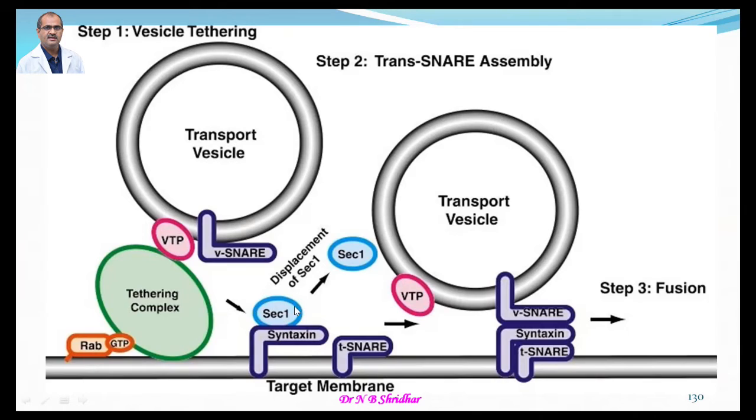The SEC1 and the transport vehicle are going to be fused, and ultimately there will be fusion between the two types of vehicles with the help of the syntaxin and t-SNARE.